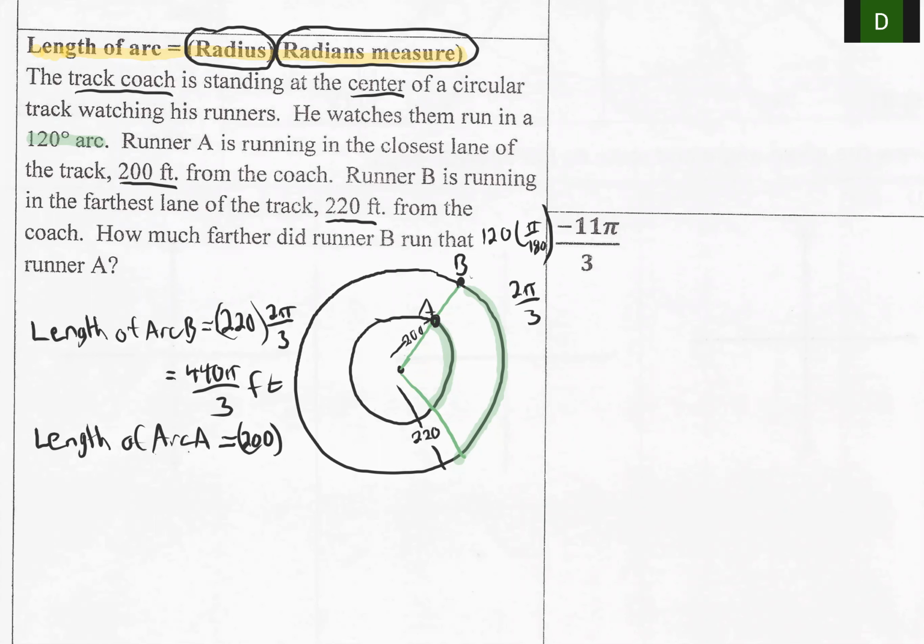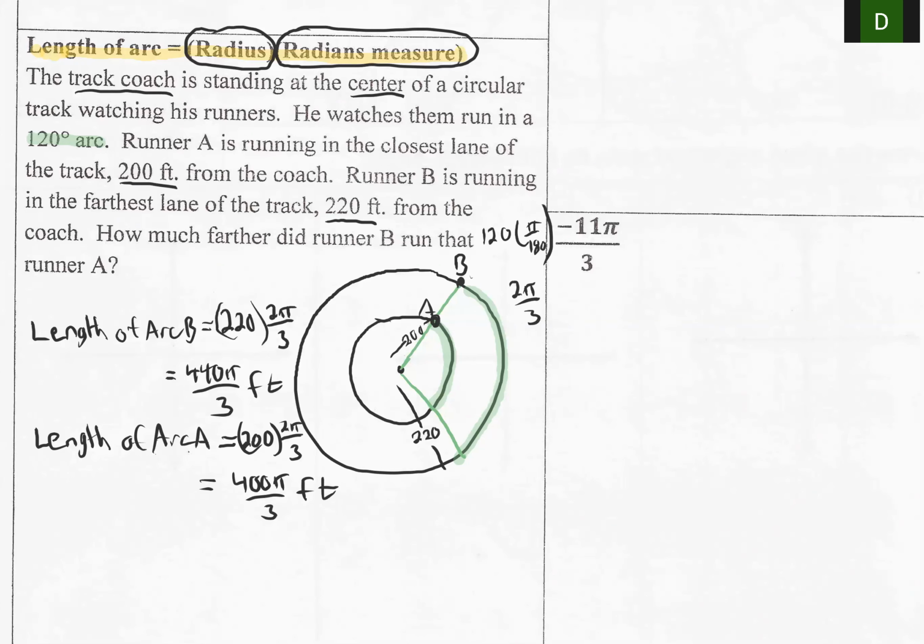You multiply this by 2 pi over 3, which is the same radian measure, 120 degrees. When you figure out what this is, that's going to be 400 pi over 3 feet.